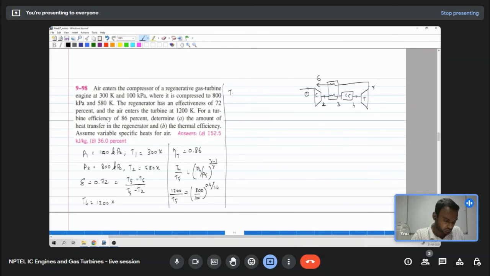Now T5 is 1200 divided by 8 power 0.4 by 1.4. This is 662.45 Kelvin.